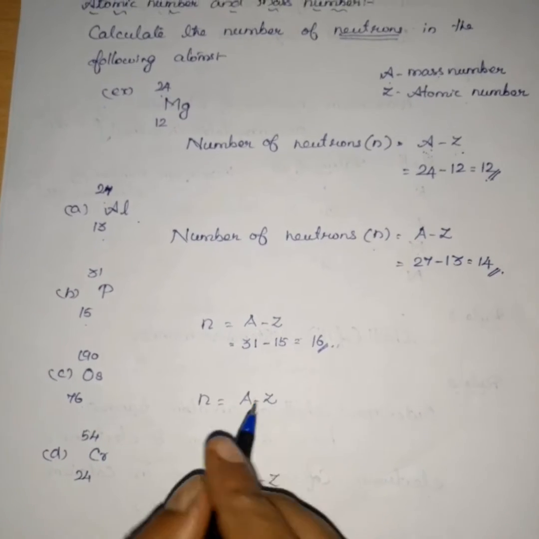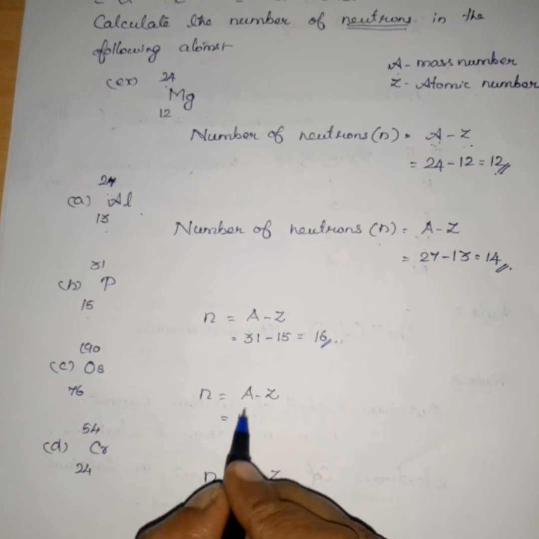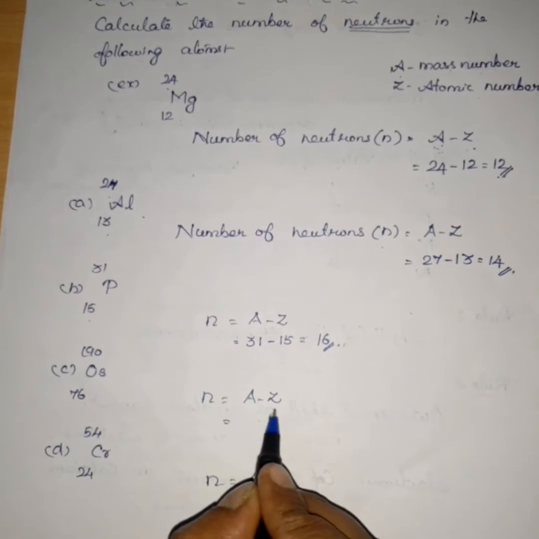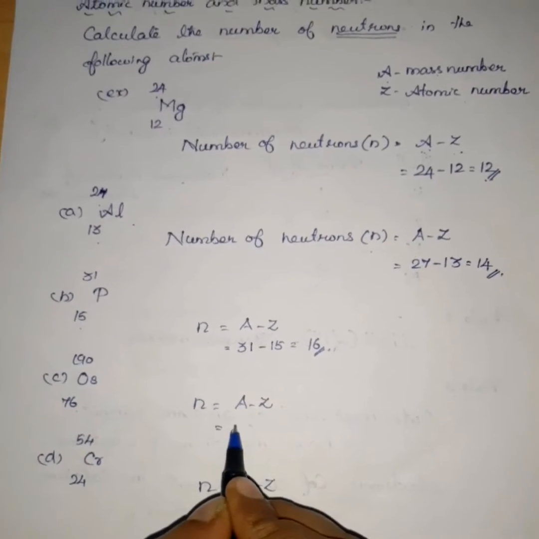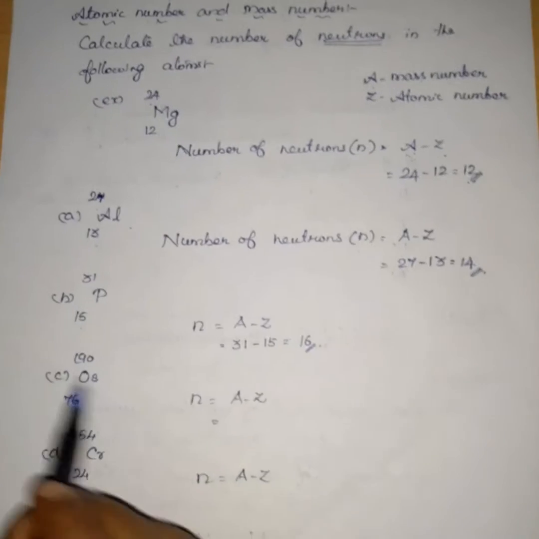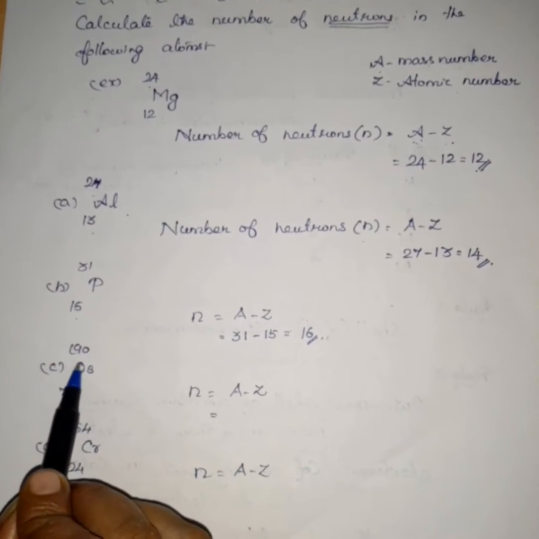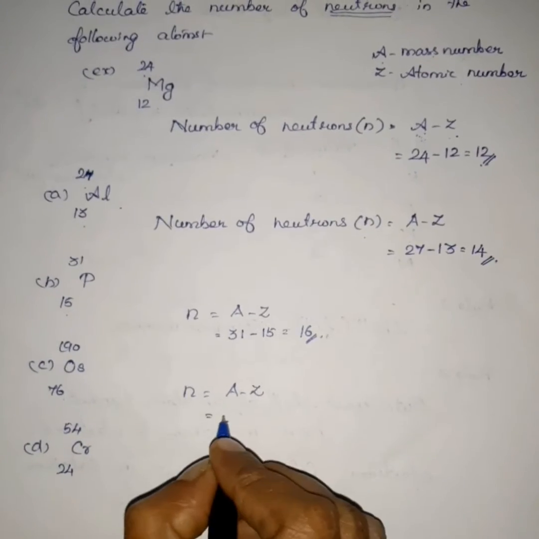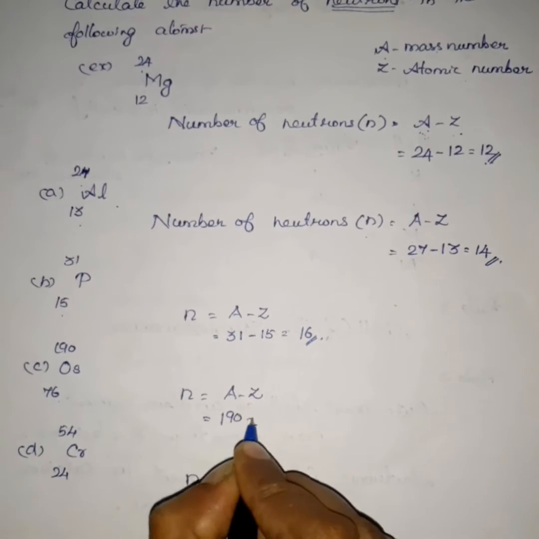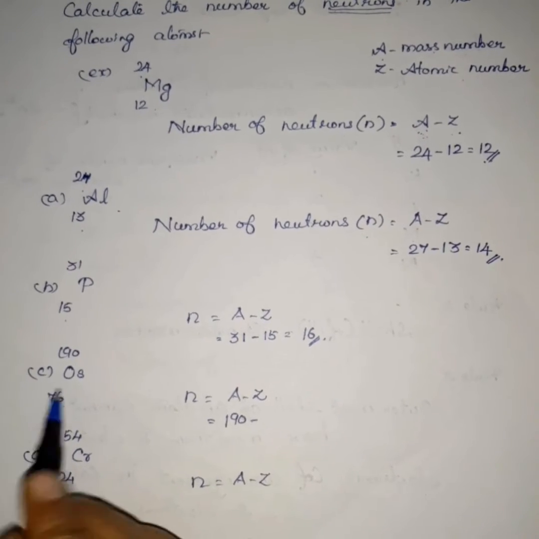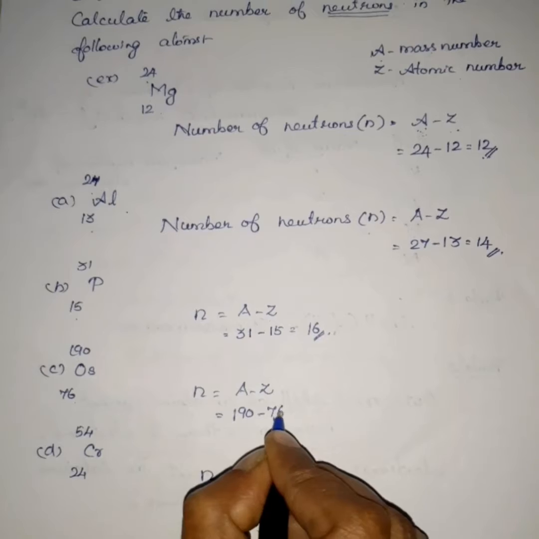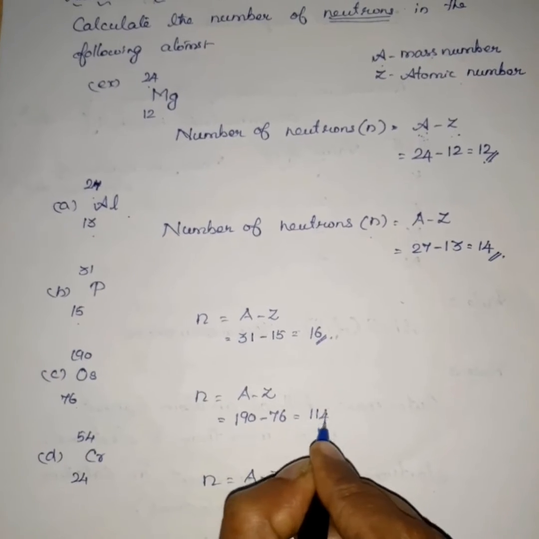N is equal to A minus Z. A is the mass number, 190. Minus Z, the atomic number 76, equal to 114.